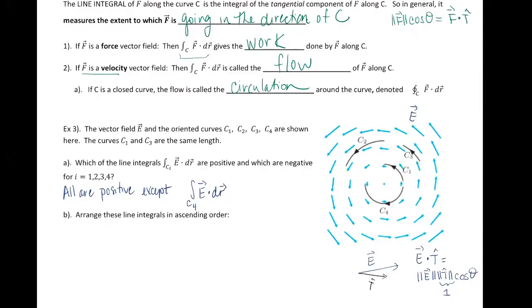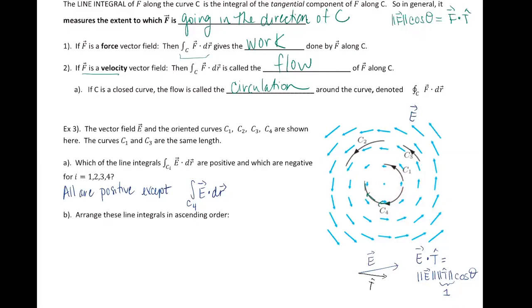Okay, first thing you can notice is all of these should be positive except for the line integral over C4, because in this case, you can see this vector field E is moving in the opposite direction as C4. Really what I'm doing is taking the dot product between the blue vectors here and a tangent vector to the black curve. So a tangent vector going here would be a little tangent vector.